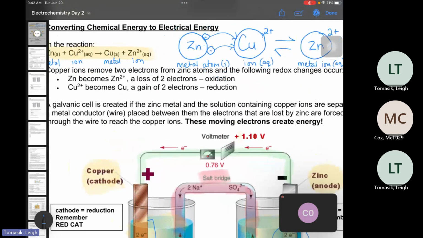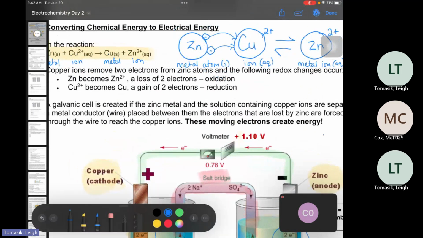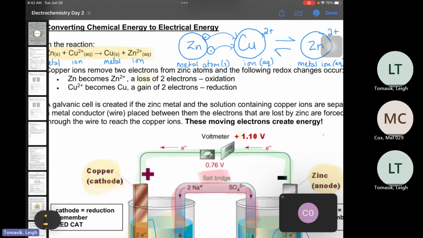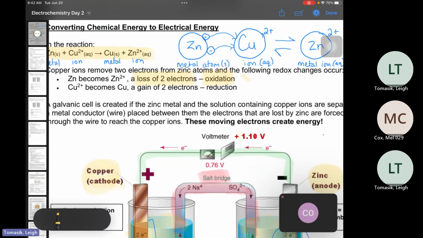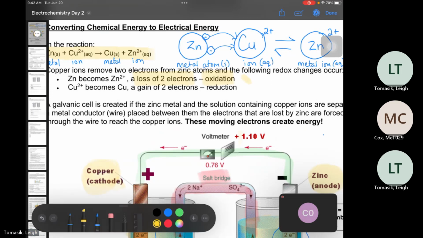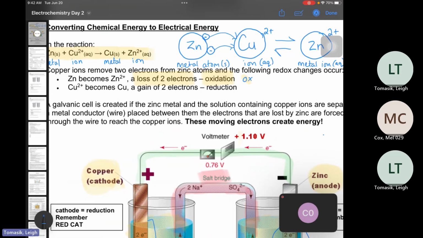So because zinc loses 2 electrons, when you lose electrons, this is oxidation, right? So you can remember that oxidation is loss.